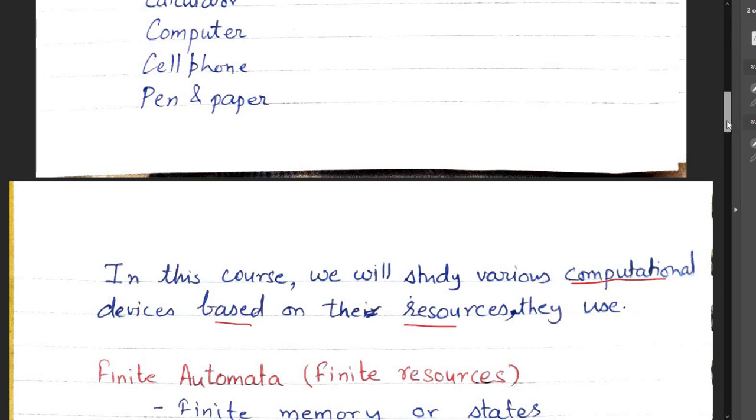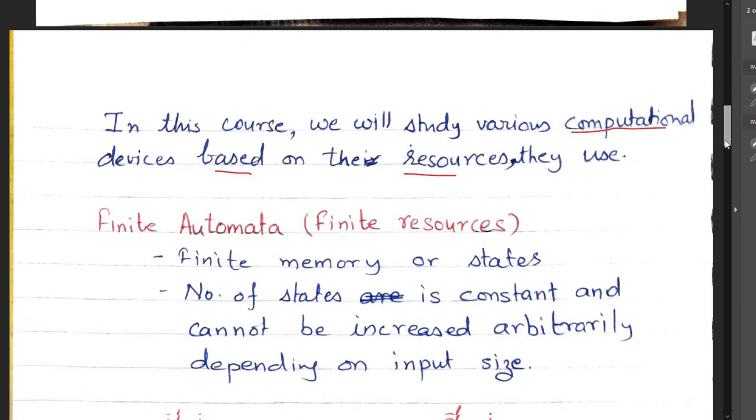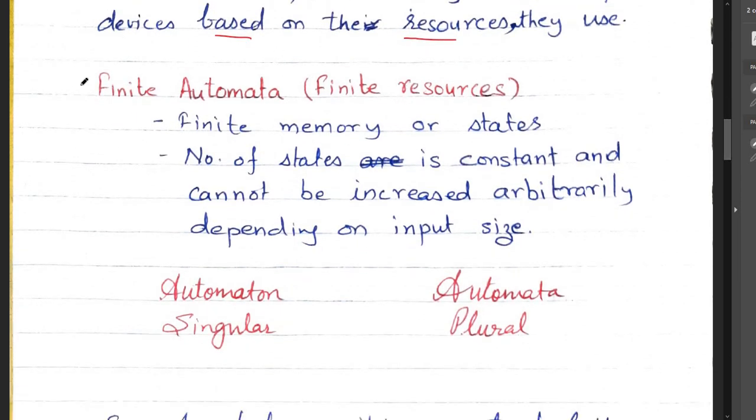And now we are going to talk about something called finite automata. This is the simplest computational device that we are going to talk about.